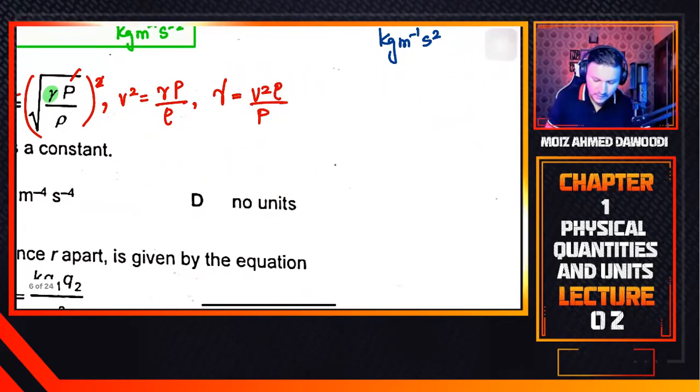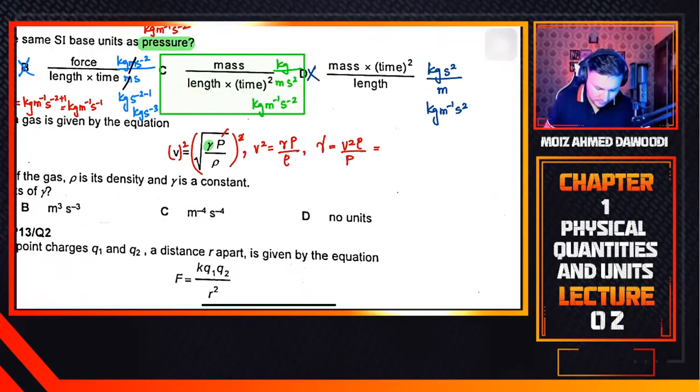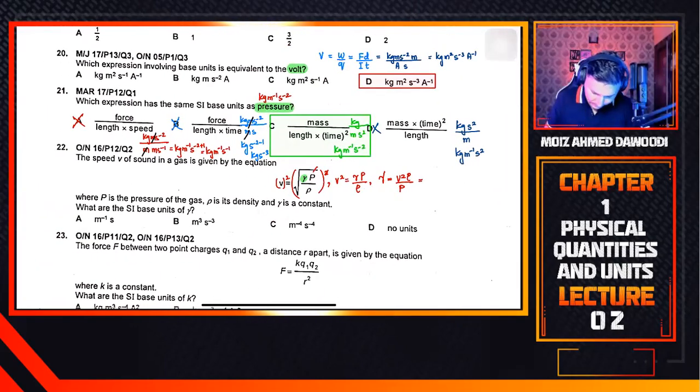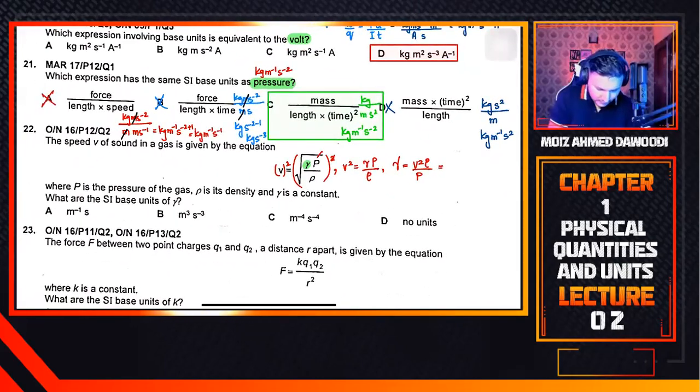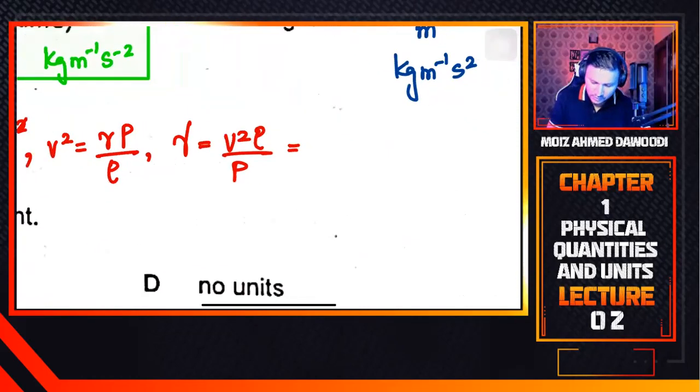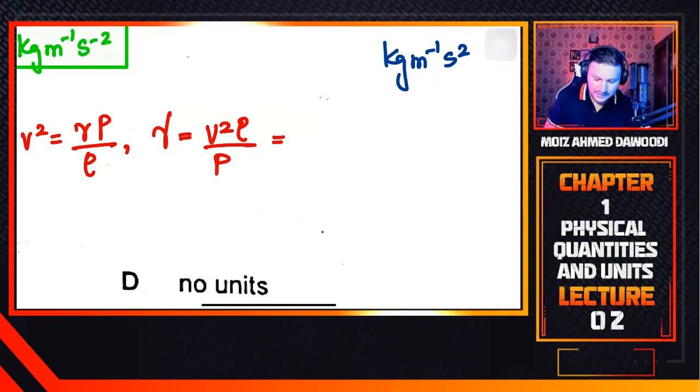Okay. Now v is speed, p is pressure, rho is density. So v is speed, that means m s^-1, and the whole square.